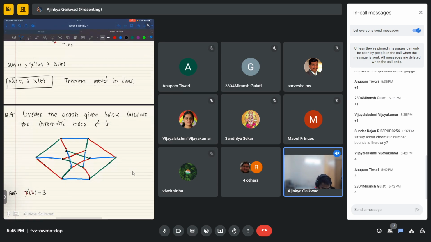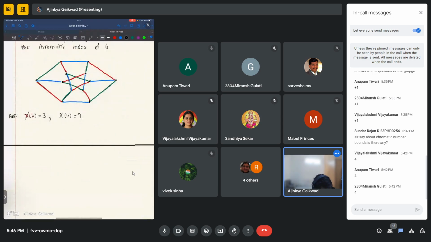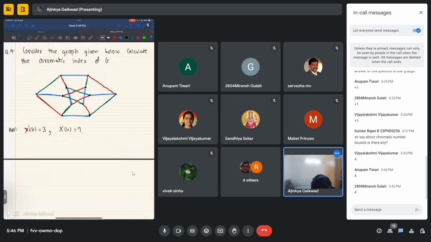So can you calculate the chromatic number of the same graph? The same graph, chromatic index is 3. What about chi of G? So let me just color it black again. Let me cut and paste this. So let's take the same graph.